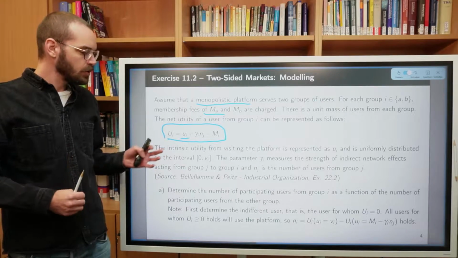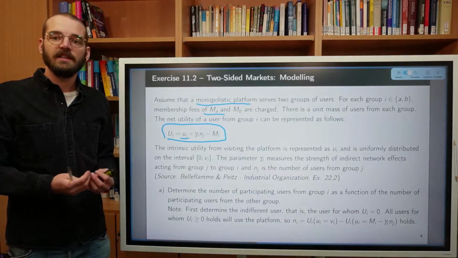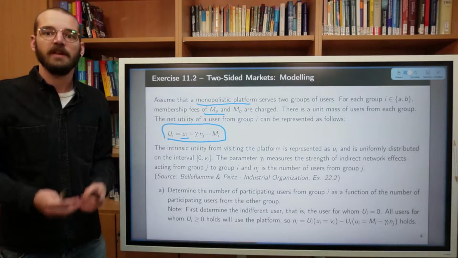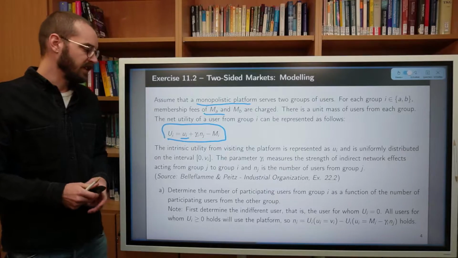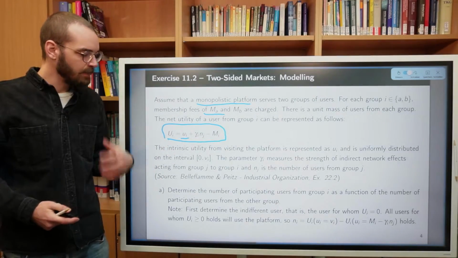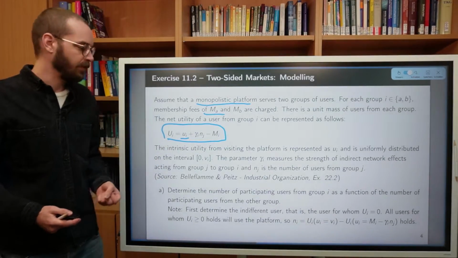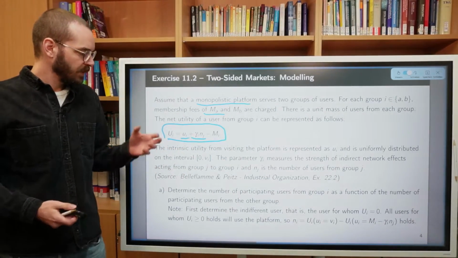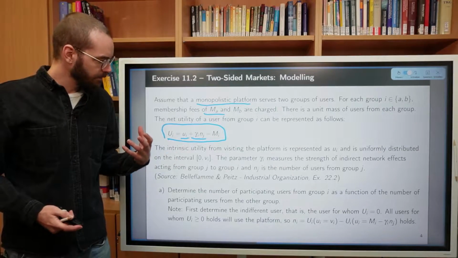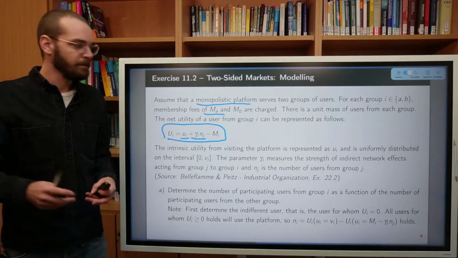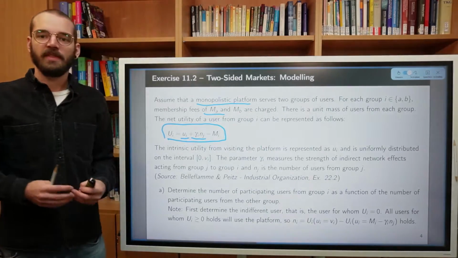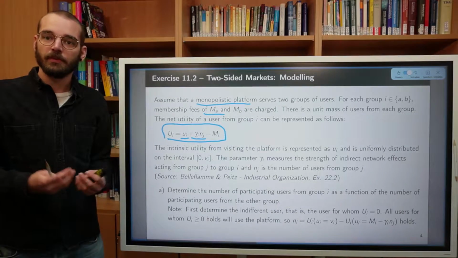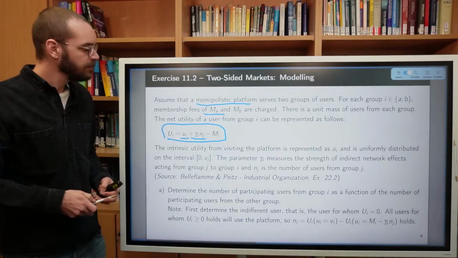This conceptually refers to the intrinsic utility that a user gains simply from using the platform. Therefore, we call it intrinsic utility. The user simply gets it by participating on the platform. Then the second part of the utility function consists of some factor gamma_i multiplied with n_j. N refers to the number of users from group j, in this case n_j.